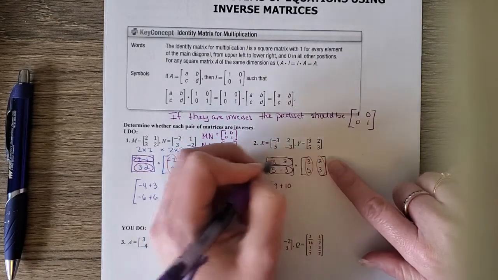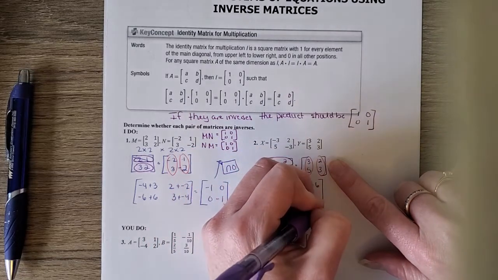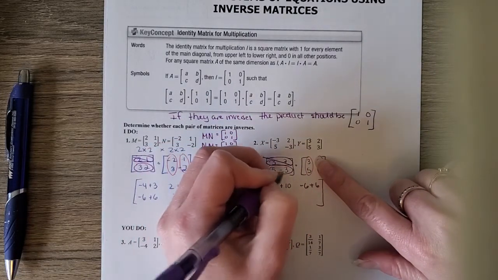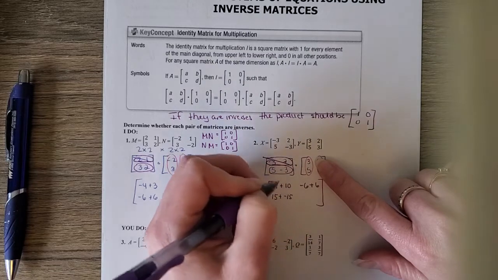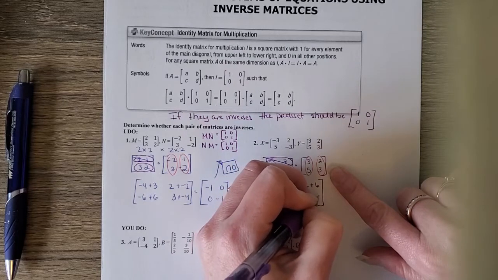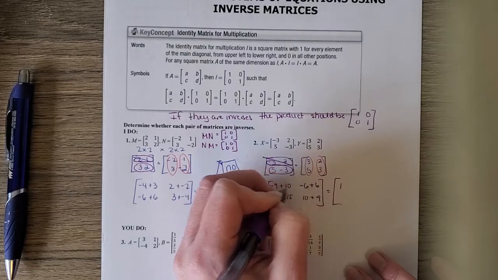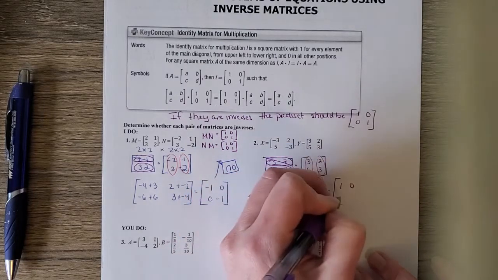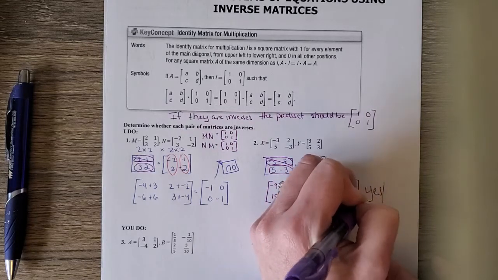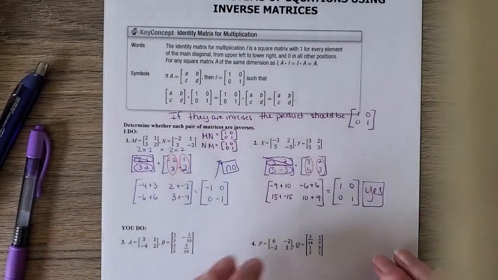First row by second column, -6 plus 2 times 3 is 6. Then my second row. 5 times 3 is 15. -3 times 5 is -15. 5 times 2 is 10. -3 times 3 is -9. If I add those together, this sum is 1, this sum is 0, this sum is 0, and this sum is 1. You can see, yes, I did get my identity matrix. These are inverses. You're going to use that same process to do 3 and 4.